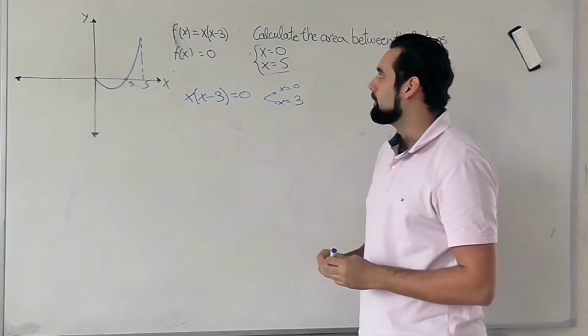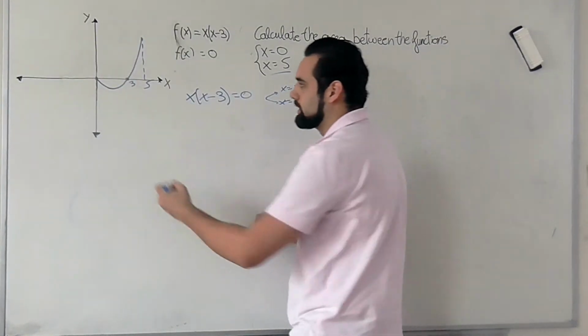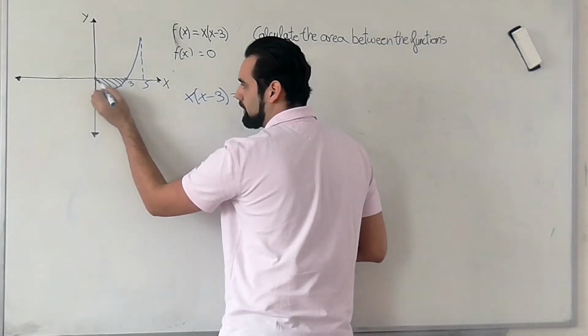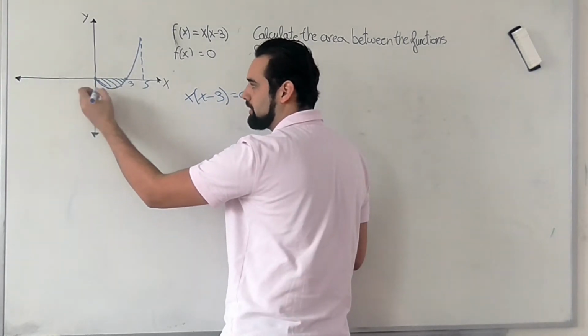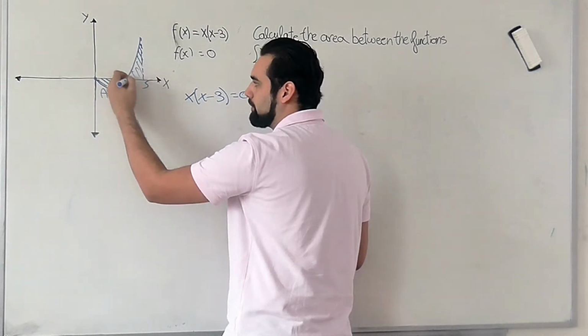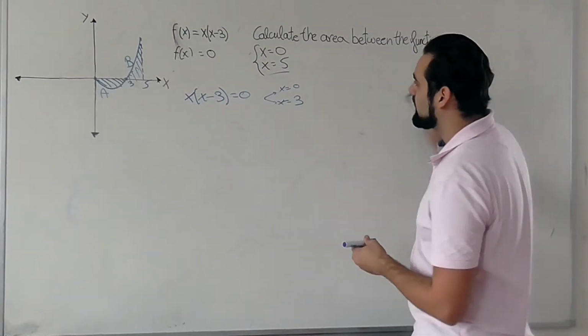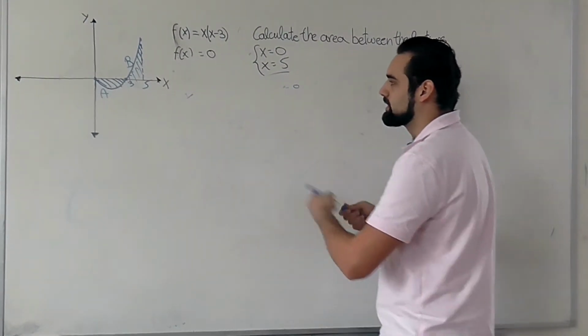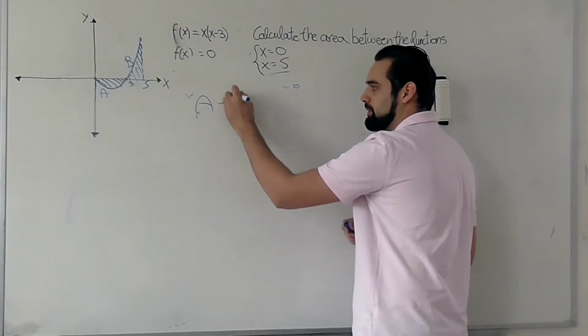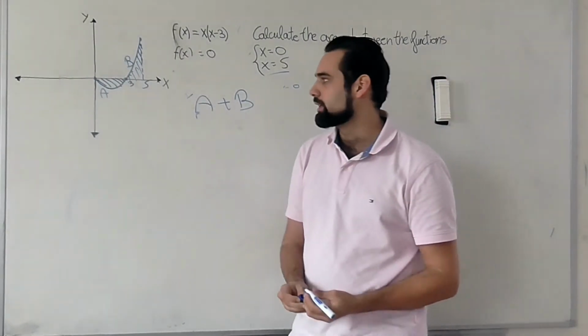And then what we will have to calculate is this area over here, which I'm just going to call A, and then this area over here, which let's call B. So then what the question is actually asking, if we translate it this way, is to calculate A plus B. So what is A plus B?